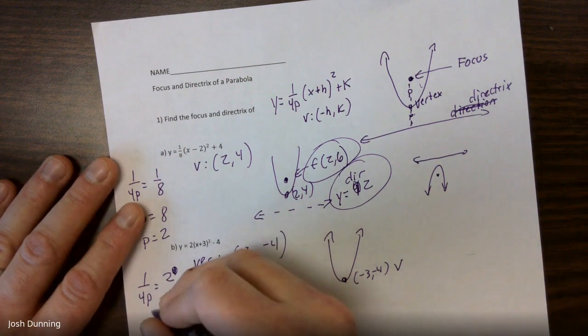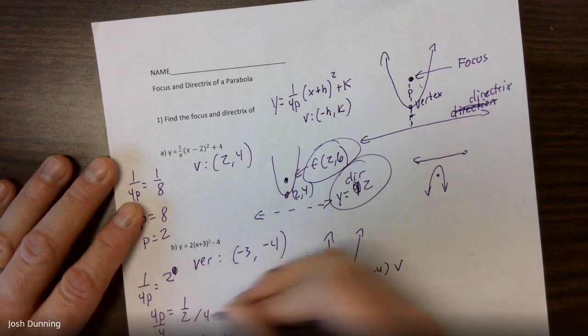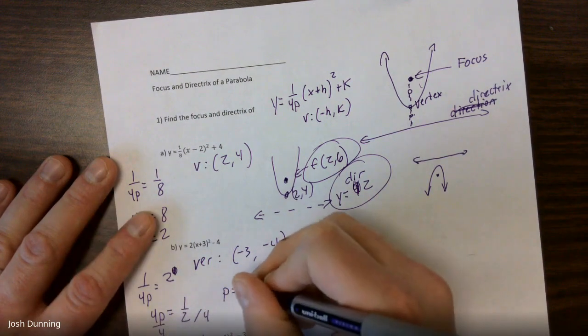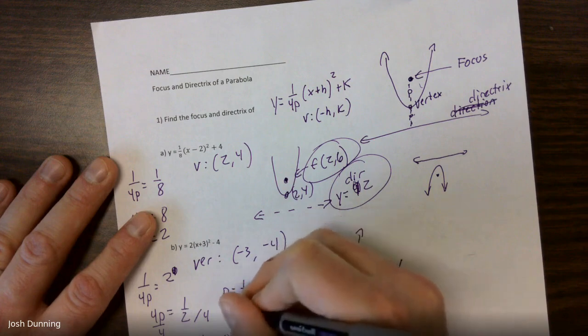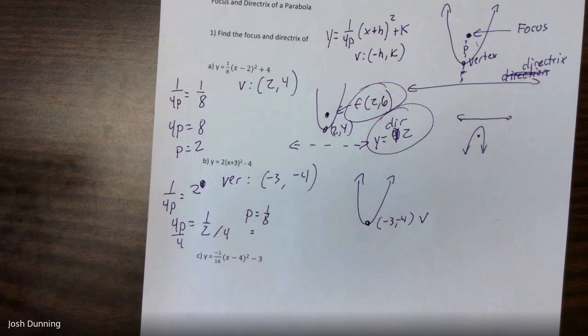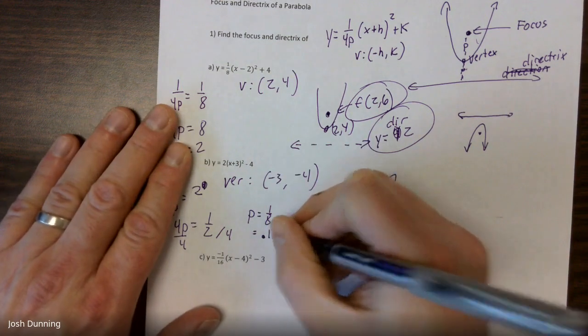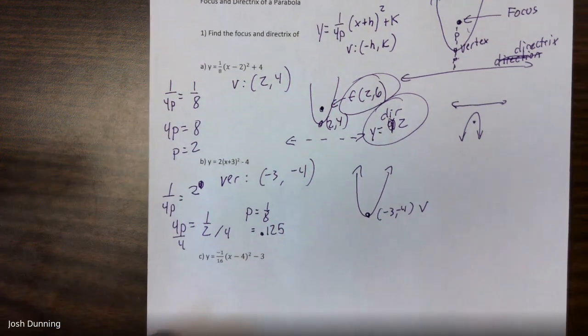I'm going to flip both sides over. Divide by 4. Half divided by 4 is 1/8. Or if you just want to use decimals, it's 0.125. That's probably easier for what we're going to do. So we'll just stick with this.